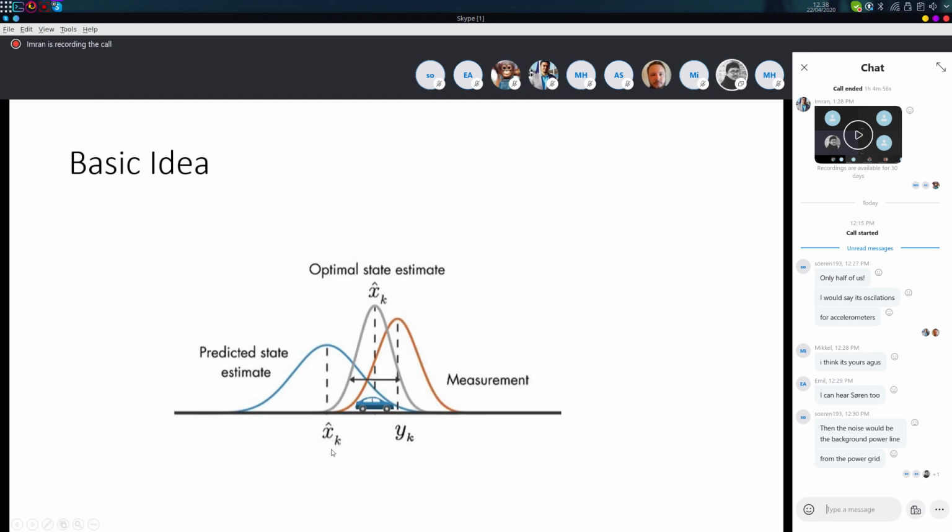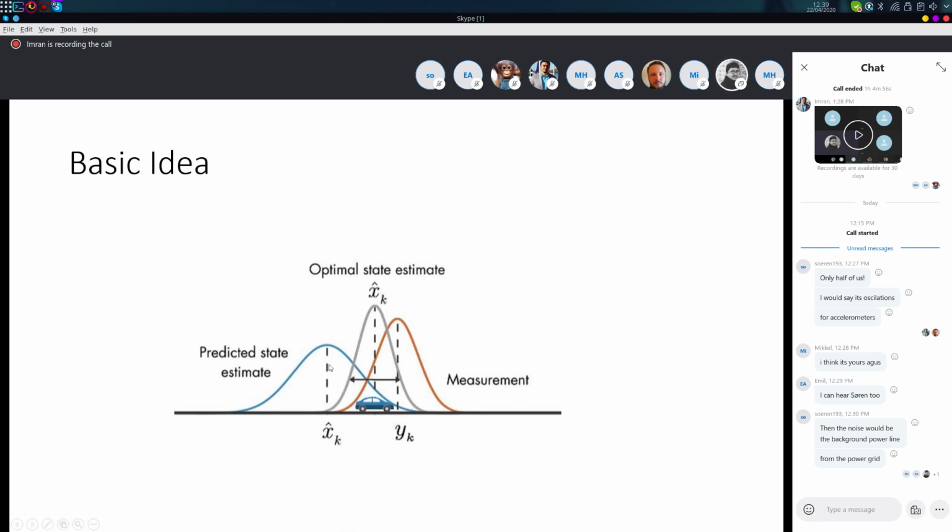You're trying to estimate this state using your mathematical equation, and you get this estimate. Let's say this is 10 meters, from the beginning until here. Since you use a lot of assumptions in your model, it has some degree of inaccuracy, and this inaccuracy could be translated into an error.